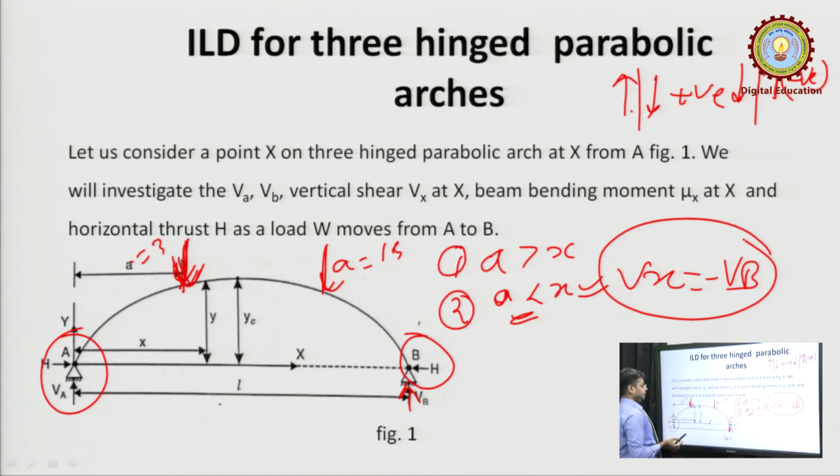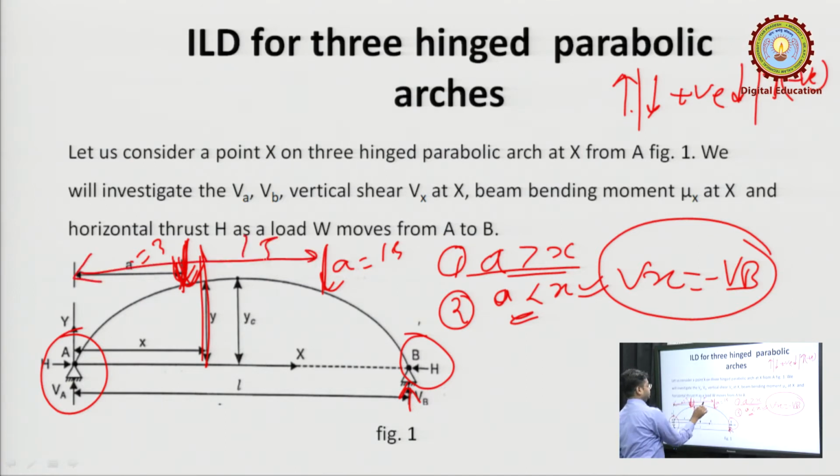Now, when your load is working at a distance greater than the section, if load is 15 meter like that, load is working here at a distance of 15 meter from point A. So we can see here the load is now here. We can take a VA value.